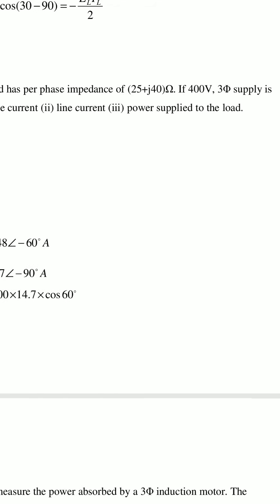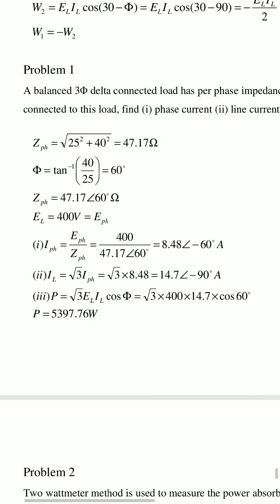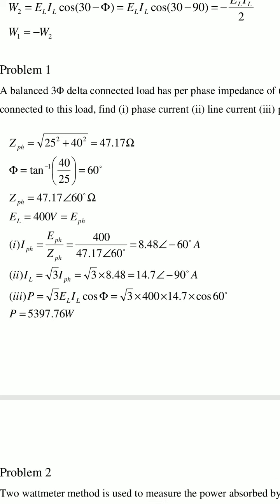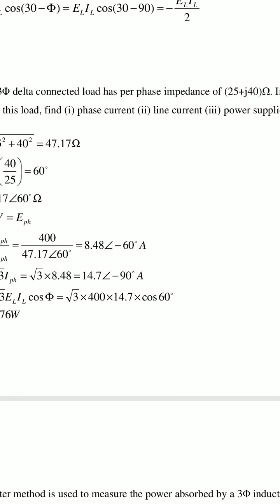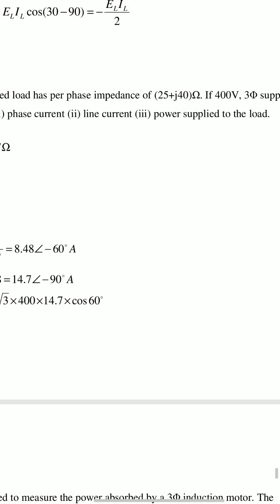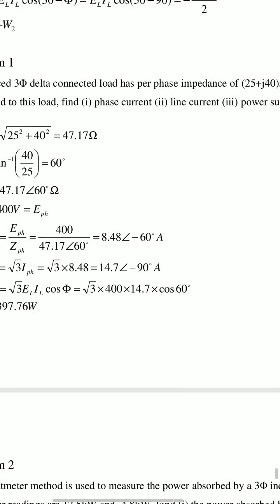If a 400 volts, three-phase supply is connected to this load, find first the phase current, second the line current, and third the power supplied to the load.